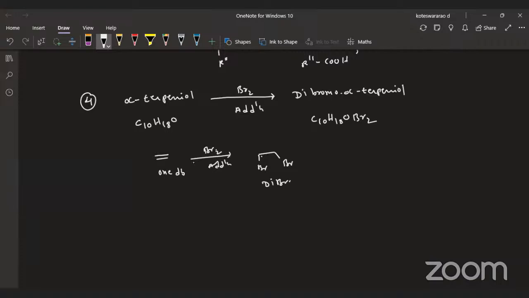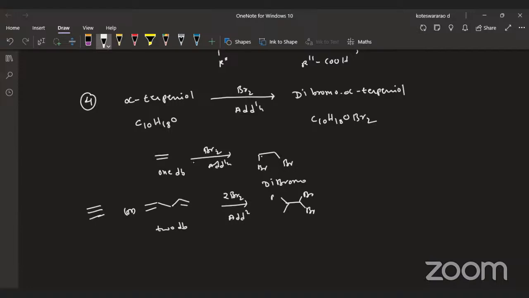Suppose two double bonds are there in the molecule, or instead a triple bond is there. That undergoes an addition reaction with 2 moles of bromine, which leads to the formation of tetrabromo products.